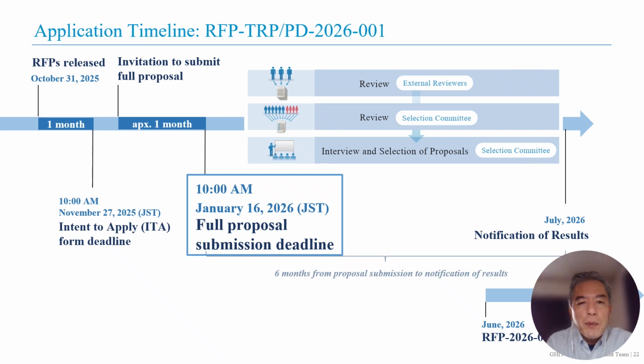A few top-ranked proposals will be invited to an online interview with the selection committee. The final notification of the result is planned for January 2026, approximately 6 months after full proposal submission.